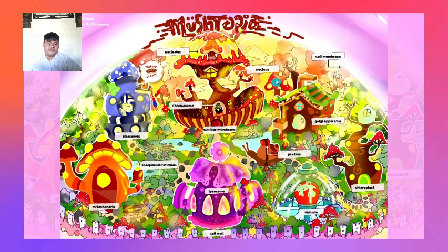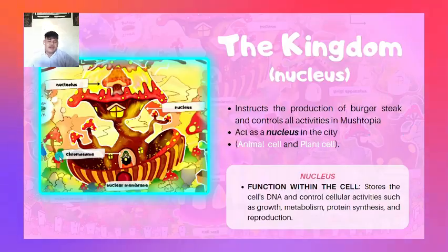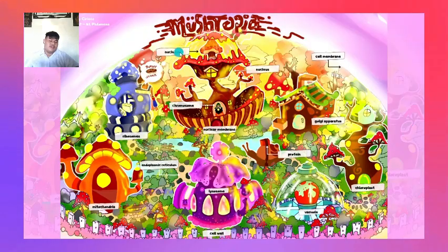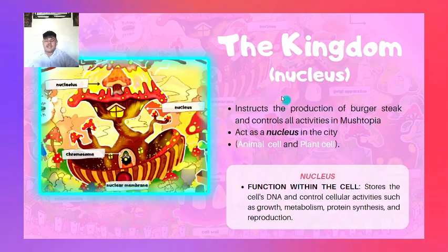Next, here, the kingdom. The kingdom is composed of the machinery, King Fungus, and the Great Wall. So first, the kingdom. Here's the kingdom. The kingdom instructs the production of burger steak and controls all activities in Mushtopia.